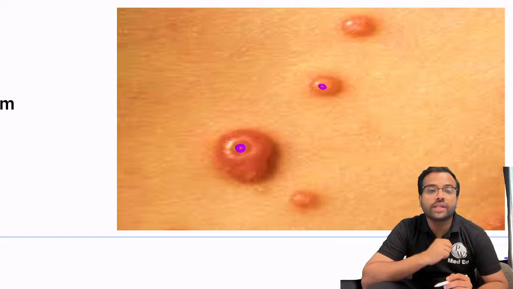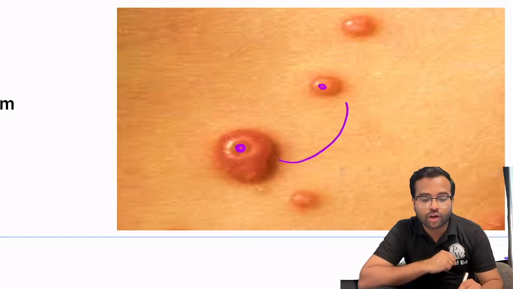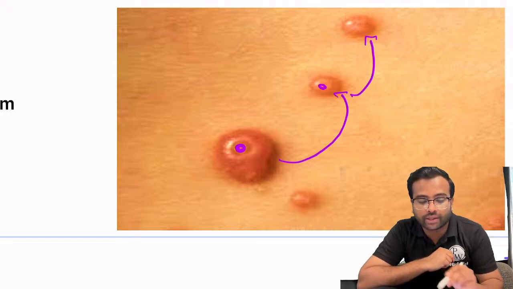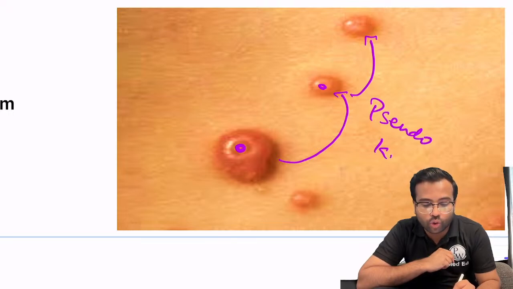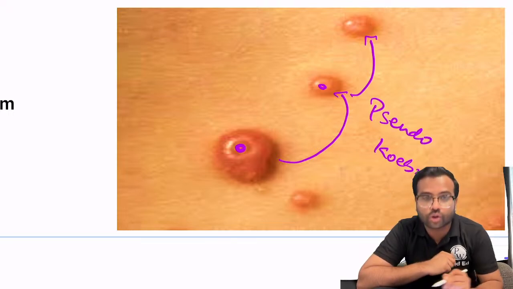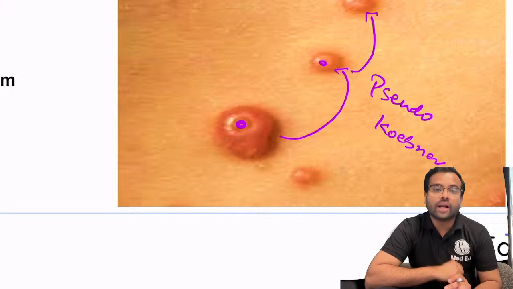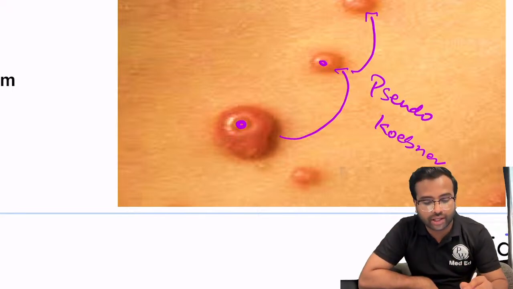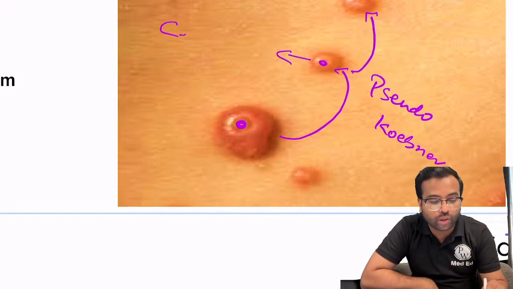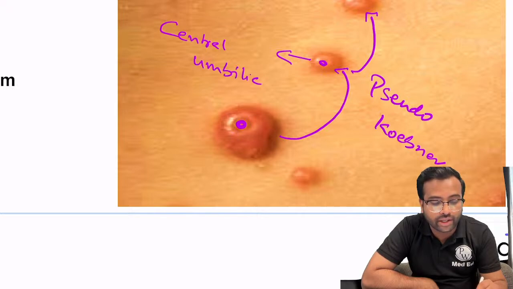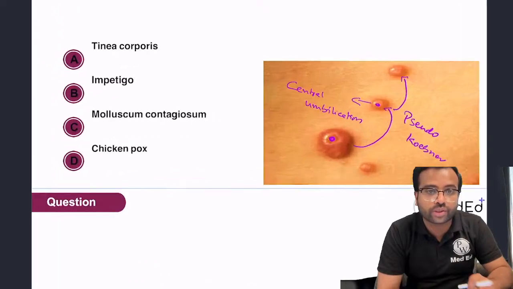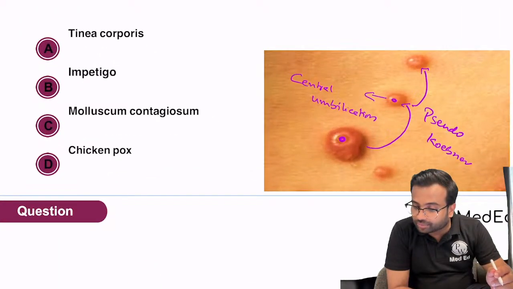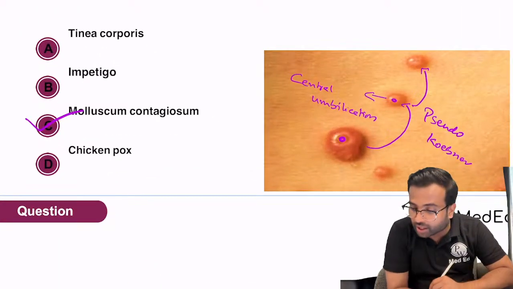So whenever you see central umbilication and one lesion followed by the other, this is called the pseudo-Koebner phenomenon. And this central umbilication, this one, that is what you see as a central umbilication. So this should help you reach a spot diagnosis, that is, yes, molluscum contagiosum.